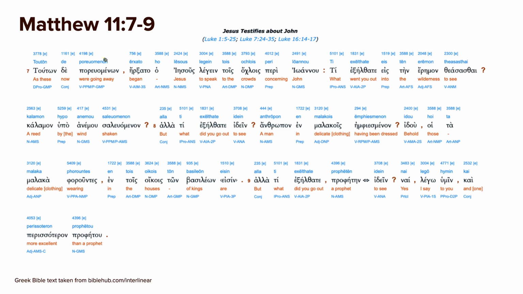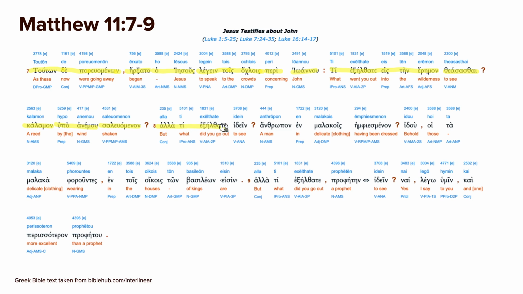All right, let's go ahead and read Matthew chapter 11, verses 7 through 9. Touton de por menon erxato ha Jesus, legein tois achlois peri Ioannu. Ti ex eilthate eistain eireman theasasthai. Kalaman hupa anemu saluamenan.